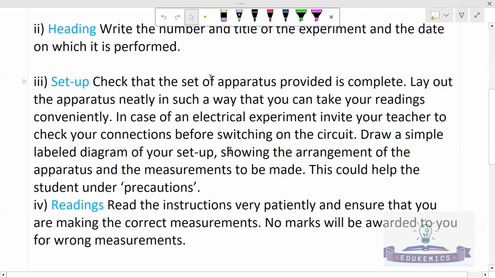In case of an electrical experiment, invite your teacher to check your connection before switching on the circuit. Draw a simple labelled diagram of your setup, and this diagram, you don't need to draw it for the WAEC. The diagram will be given to you, then you follow it with the setup.